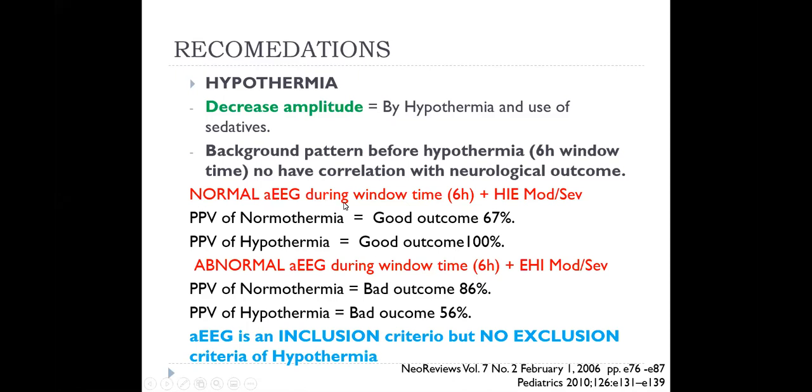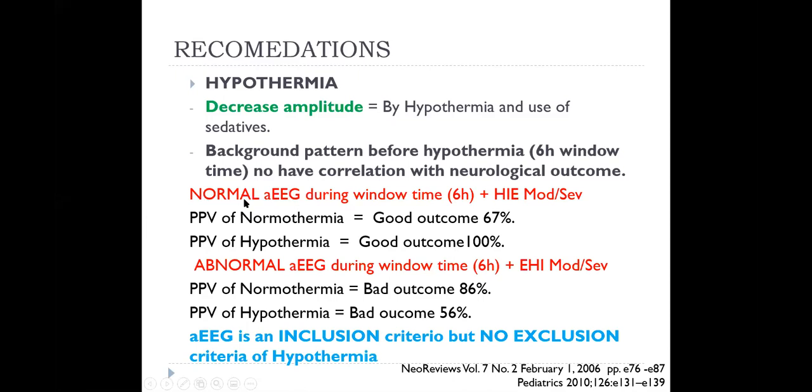Normal aEEG during window time plus hypoxic ischemic encephalopathy moderate to severe. If you have a normal aEEG, the positive predictive value if the baby remains in normothermia for a good outcome is 67%. 2/3 of the babies have a good outcome, and 1/3 do not have a good outcome.